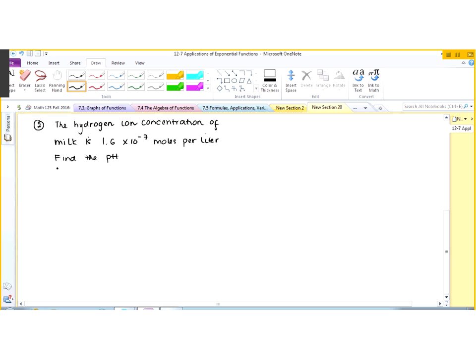Moles per liter, that's the unit. So how do you answer this? Well, same formula. pH is negative log of the concentration of H plus. So pH is negative log of 1.6 times 10 to the negative 7.